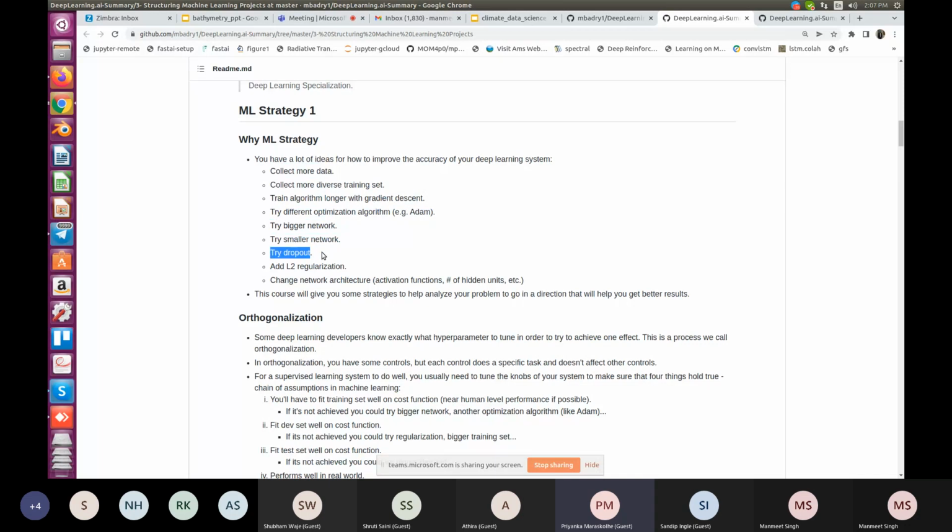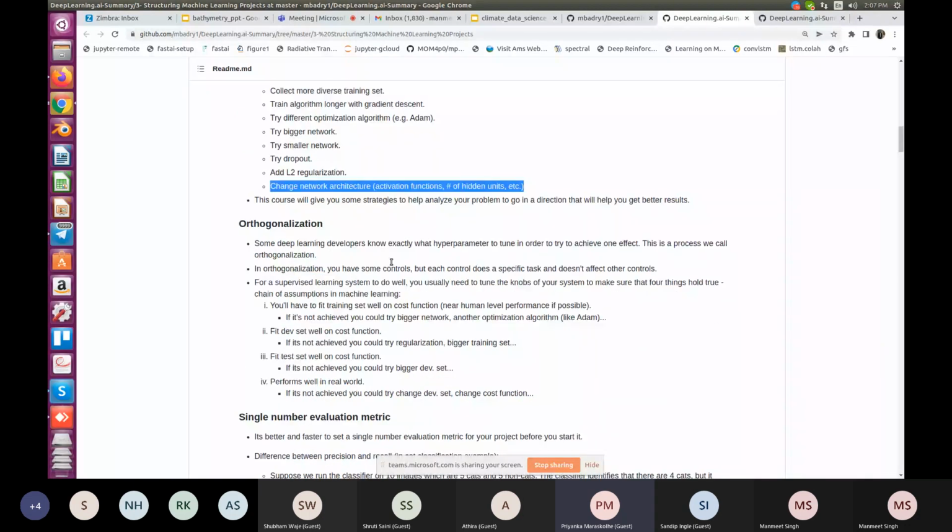We discussed dropout as a regularization strategy, wherein you randomly switch off some of the neurons of the deep neural network. You can also add L2 regularization, or change the network architecture. And this course will give you some strategies to help analyze your problem to go in a direction that will help you get better results.